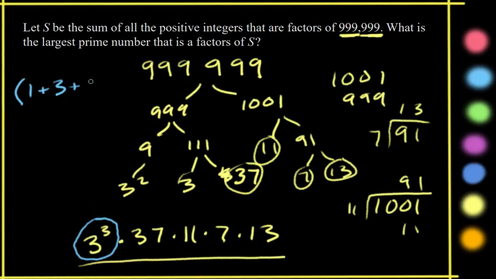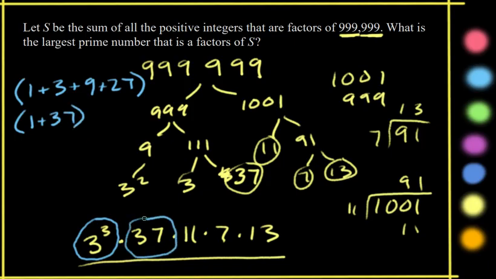So it's 1 plus 3 plus 9 plus 27. That's the sum of all the factors that just have 3. And then you multiply that by 1 plus 37 for this part. Since the exponent here is 1, we just have to go to 0 plus 1.